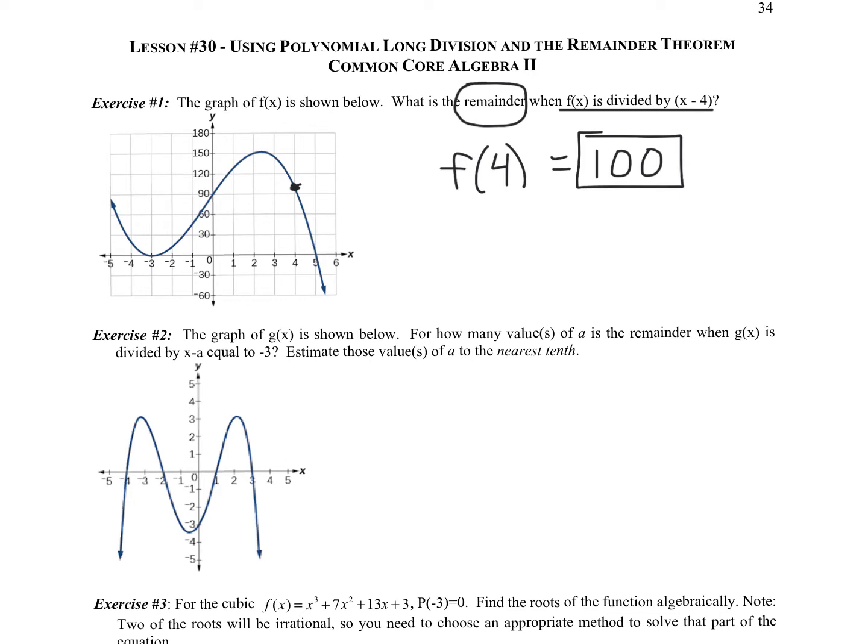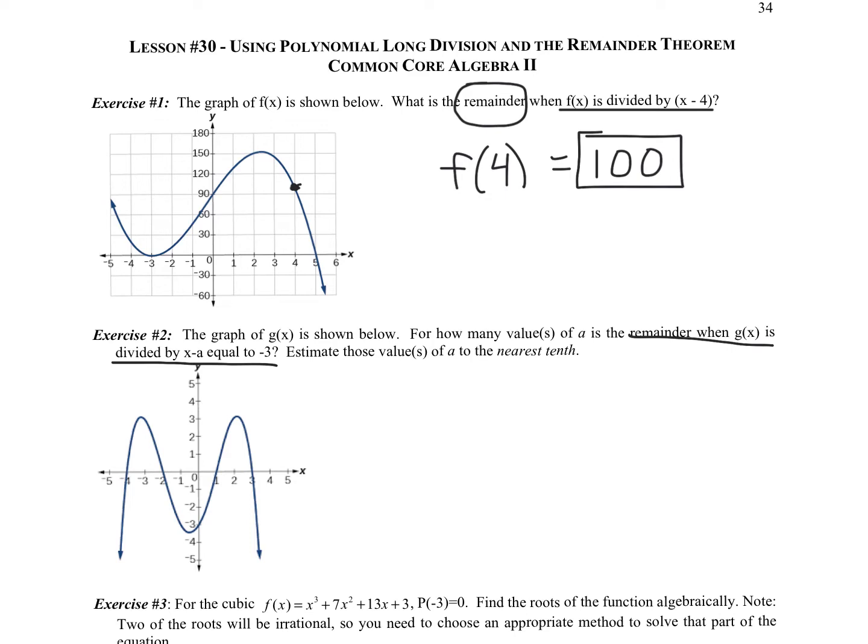The graph of g of x is shown below. For how many values of a is the remainder when g of x is divided by x minus a equal to negative 3? So they're telling me the remainder when g of x is divided by x minus a is equal to negative 3.